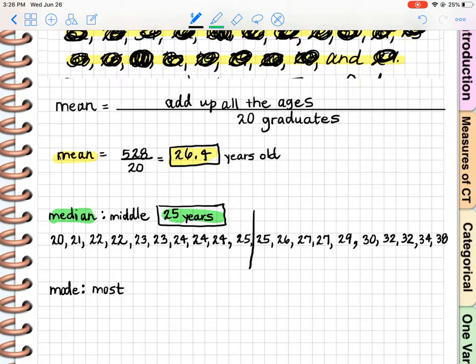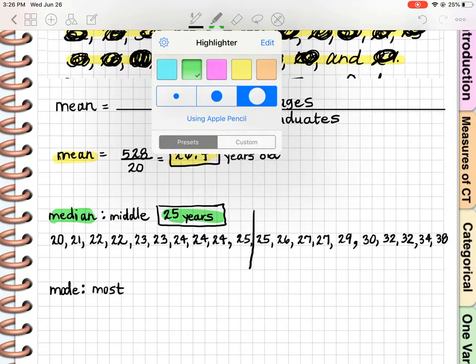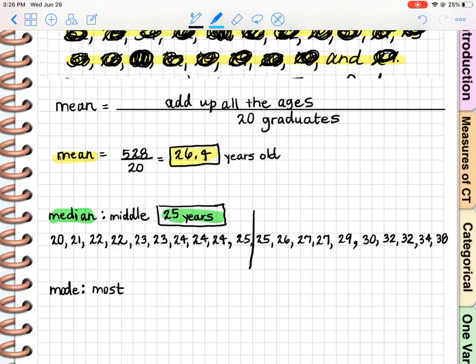Well, yes. There's one age that was in there quite a bit, and it's in there more than any other age. And that would be the 24-year-olds. Because look at this. When you go to look at your 24-year-olds, there are 3 of them. Okay, so there were more of them than anybody else.